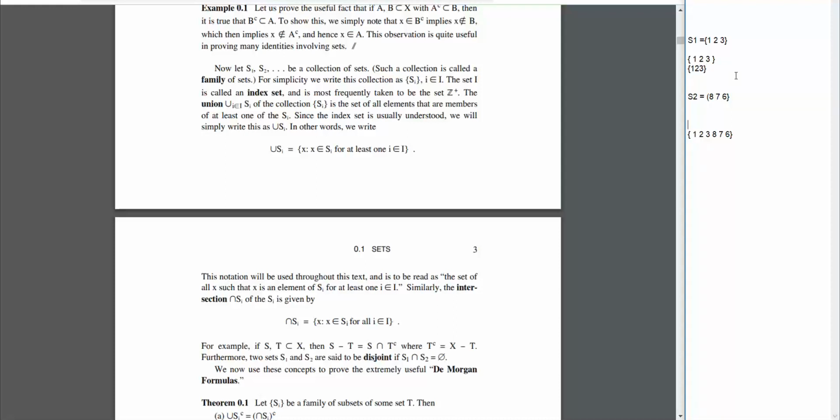But the intersection of both these sets would yield an empty set. Like the union and intersection of S1 and S1, in both cases it's the same, but in the intersection things are a bit different.